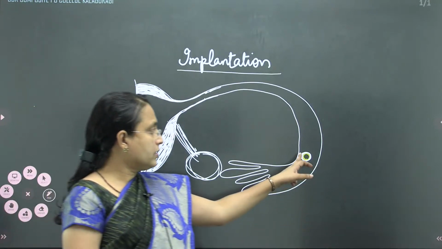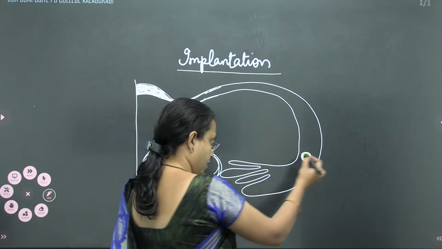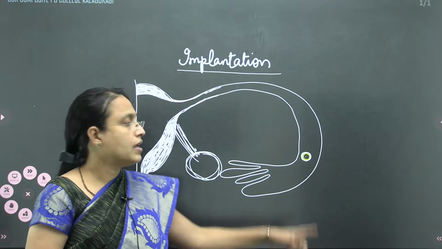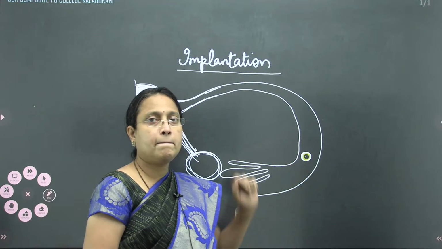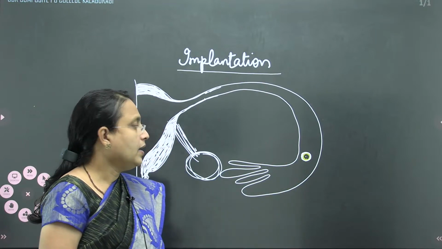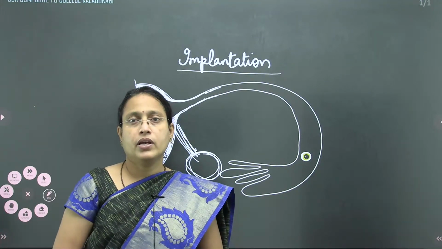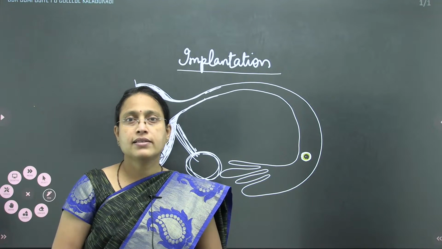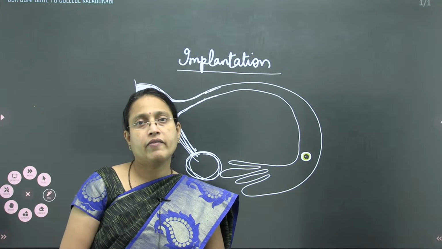So the zygote, the unicellular cell which is represented here, is of course going to have the nucleus inside, along with the zona pellucida. Then this zygote starts dividing. Zygote is a diploid cell. The sex determination occurs at the level of the zygote, and it will now start dividing.